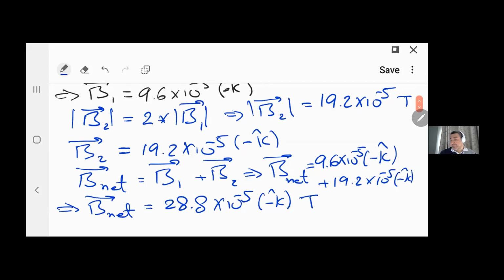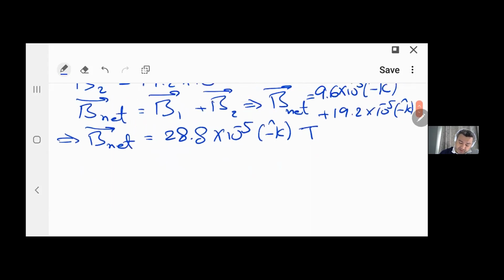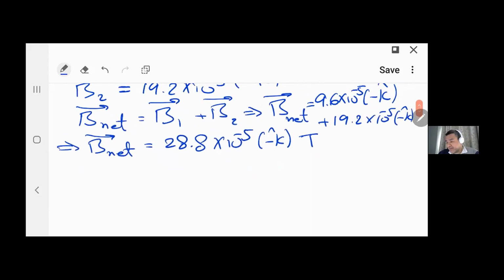Okay, now the last part of the question, which is part C. Part C says if we cut those two wires right at the point P, where basically we're taking half of those infinite wires, how much would be the magnetic field at point P?